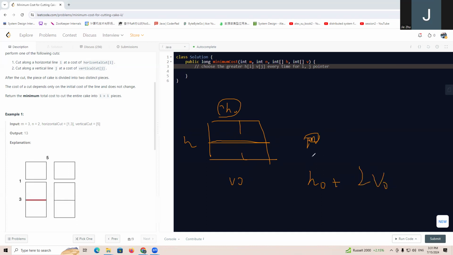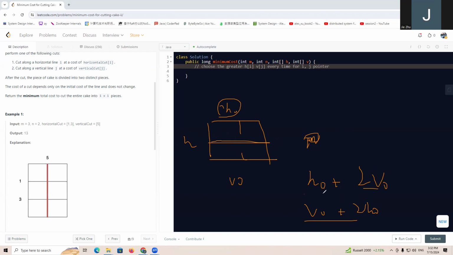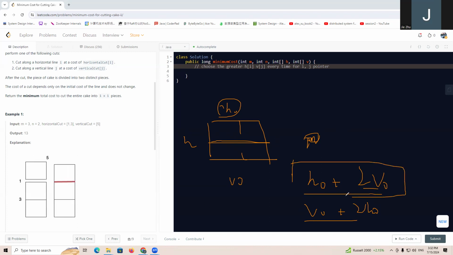And if the vertical is greater, we'll have v[0] plus 2 times h[0]. So this will be smaller, right? So at the base case, we'll choose the higher one to cut.